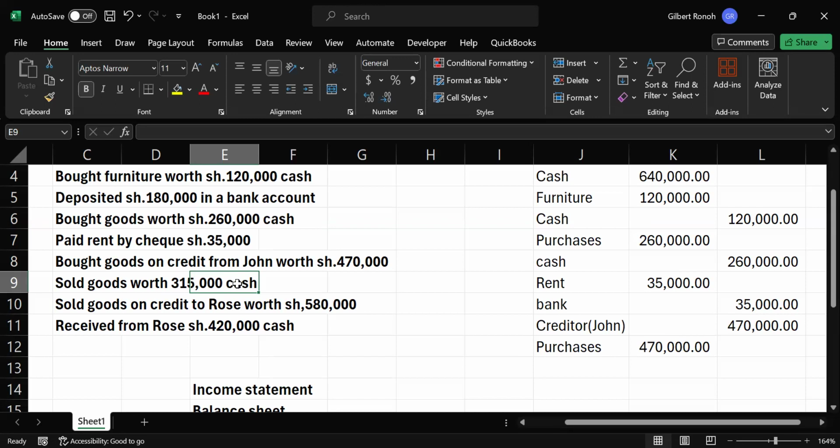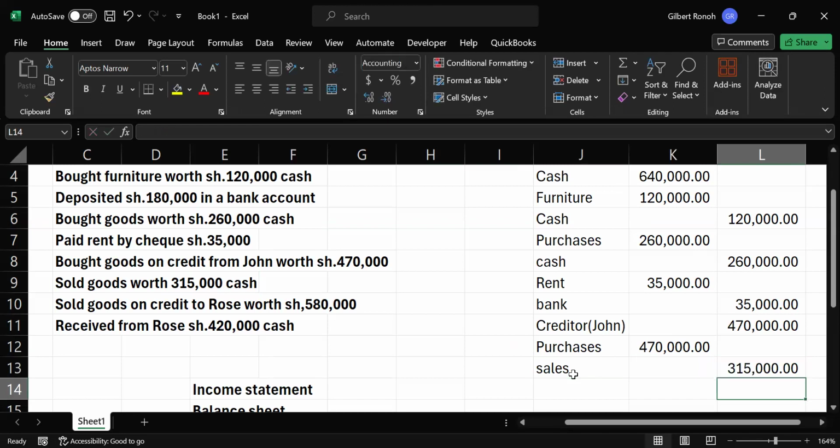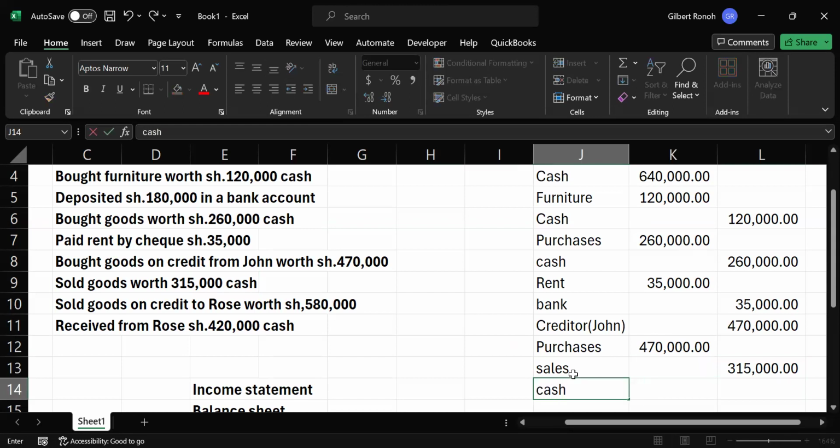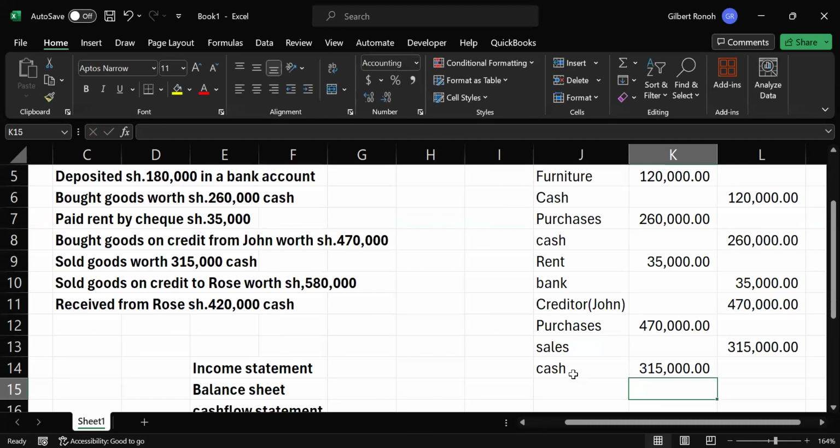So we should have a sales account here. Sales account is an income. We credit 315,000. And then we debit cash. We have received this amount in cash, which is 315,000.